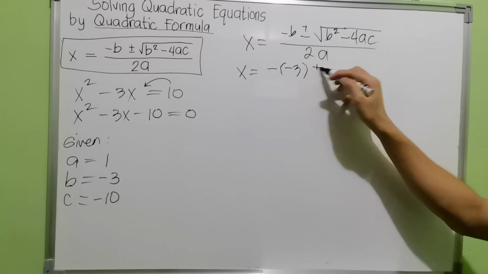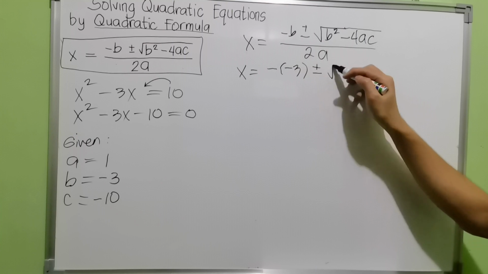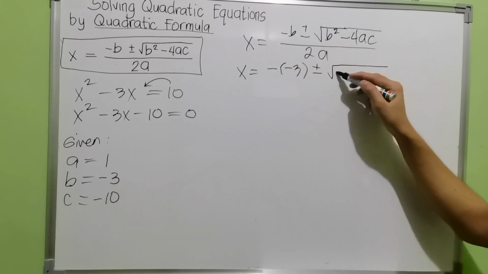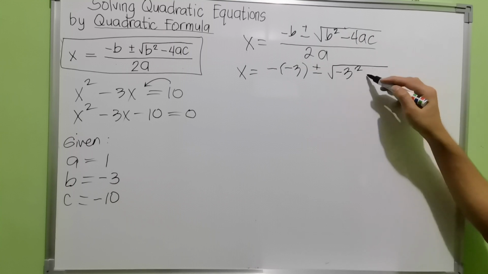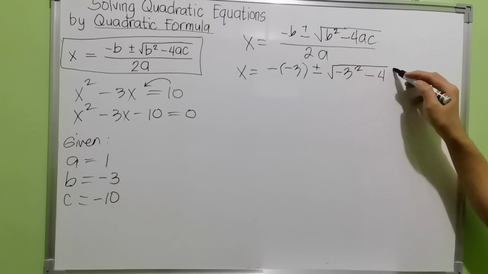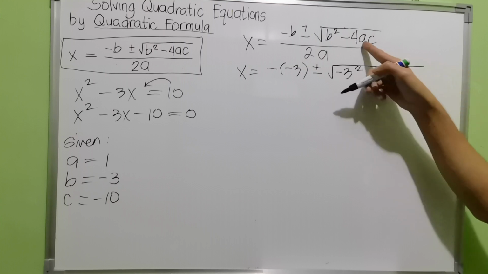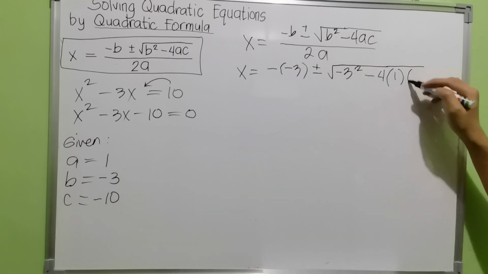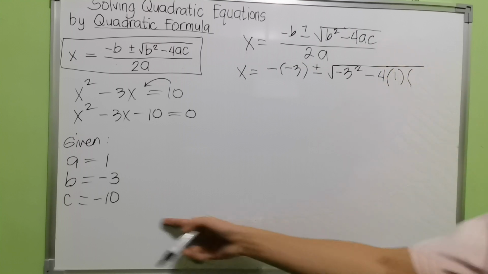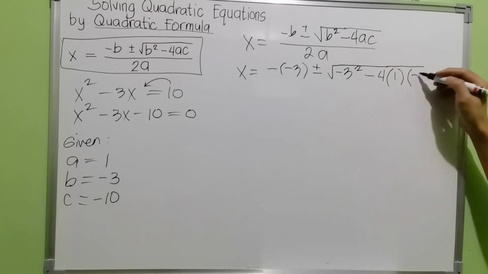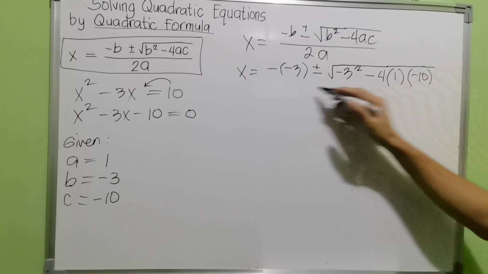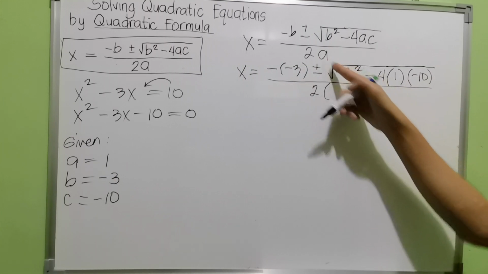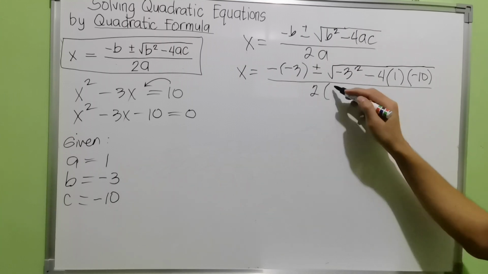We write positive and negative, square root of the value of b, again negative 3, negative 3 squared, minus 4 times the value of a, which is 1, times the value of c, which is negative 10, divided by 2 times the value of a, again 1.